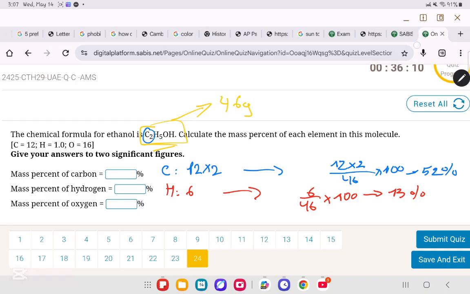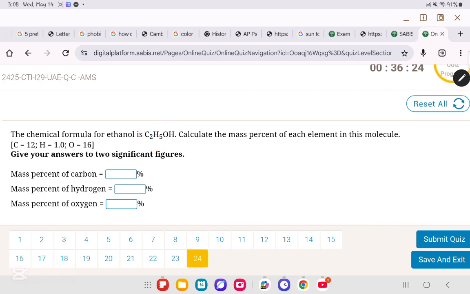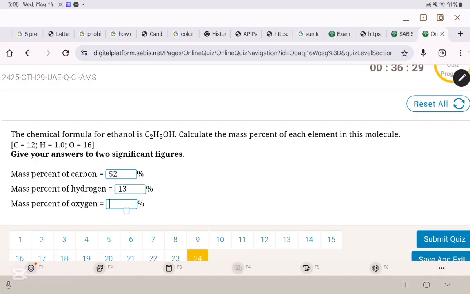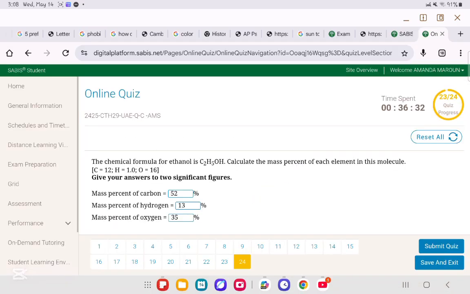For oxygen, however, it is 16 grams, so it's going to be 16 over 46 times 100. If you calculate its percentage, it's approximately 35%. So in order, it is 52%, 13%, and 35%.